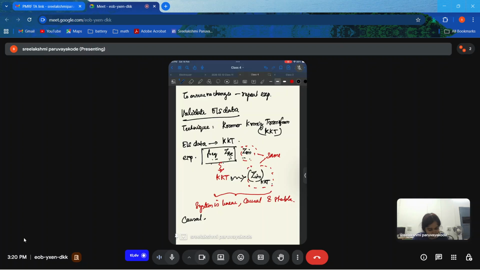It will give a modeled value of Z imaginary, and if it matches well with the experimentally obtained Z imaginary value, we say that the system is linear, causal, and stable. Similarly, we can use frequency with Z imaginary to estimate the Z real value and compare it with the actual value.